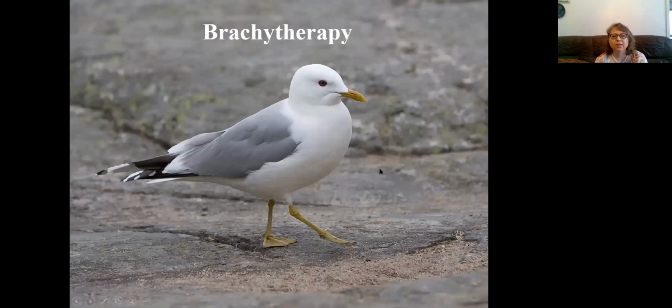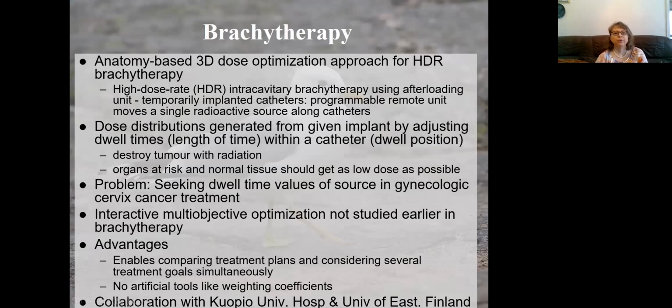In brachytherapy, this is an example from a different field of life. The problem is that there is a radiating device installed inside a human being. There's a tube, and this radiating element is moving in that tube. The question is how long it will stay at one spot and how fast it will be moving.